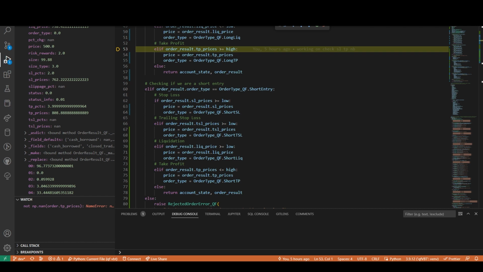If nothing happens, isn't it like order not filled or something? Order not filled. I guess that's what I have to put here, right? Order not filled.